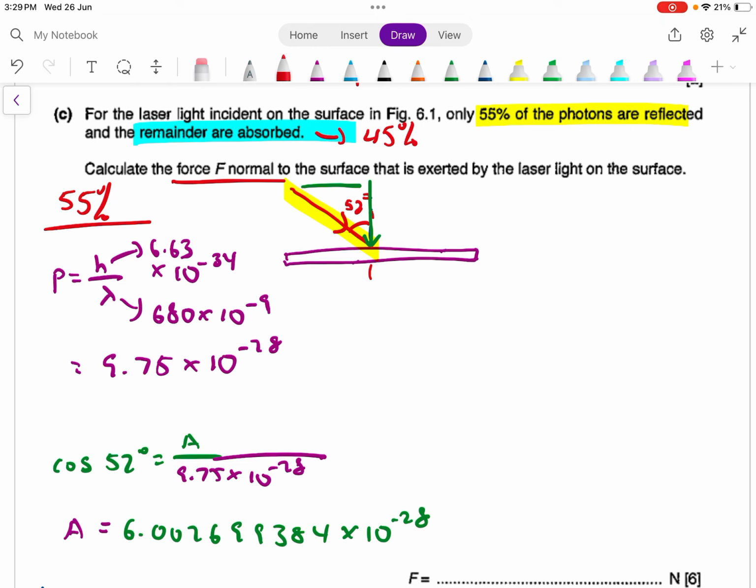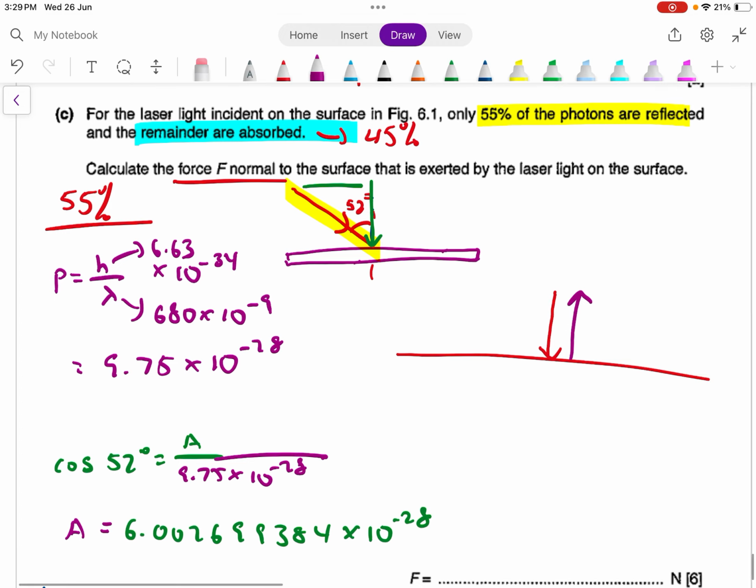55% are reflected means that, because we are asked to determine the force normal to the surface, I need to determine the force perpendicular to the surface. And since the photons are reflected, they get reflected with the same momentum.